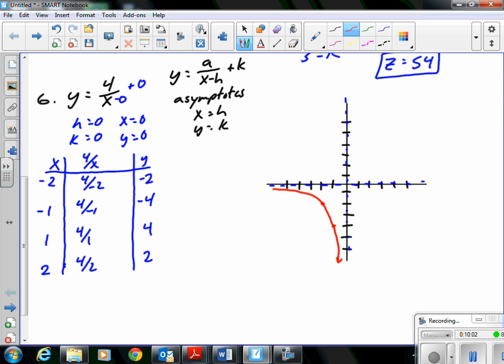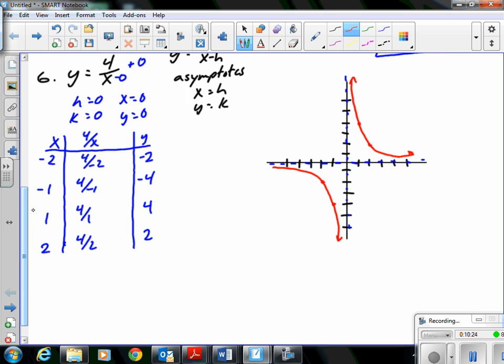And on the other side, we got 1, positive 4 and 2, positive 2. So same idea over here. Start at the asymptote, go through the points, and then curve off before you hit the other asymptote. So the graph should look something like that.